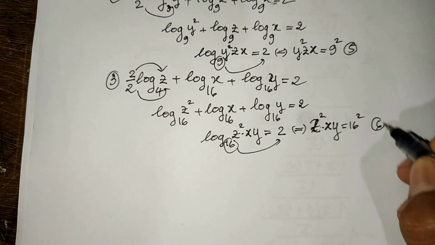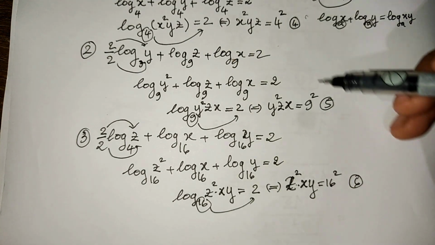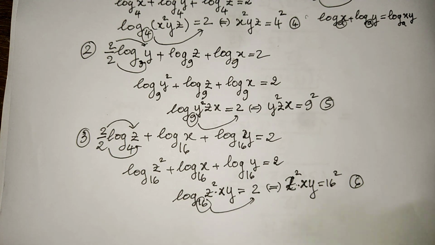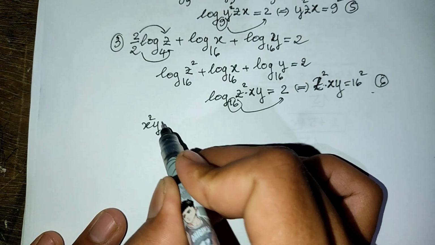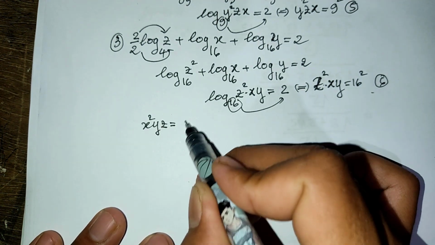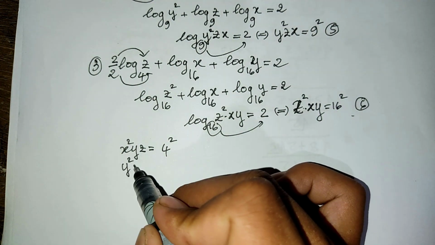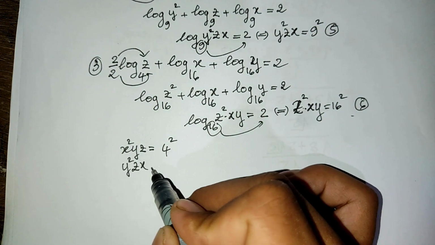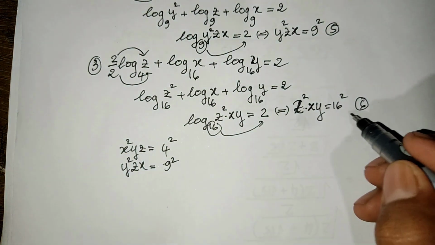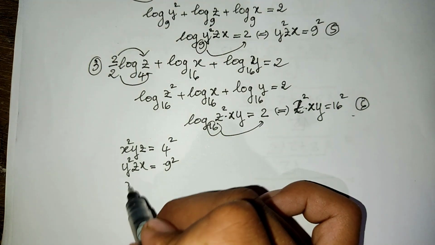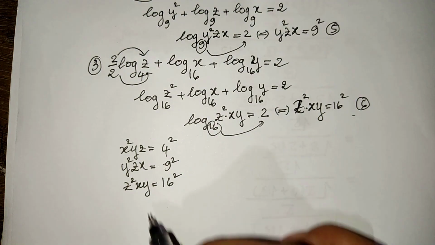I label this the sixth equation. Now we multiply the fourth, fifth, and sixth equations: x squared y z equals 4 squared, y squared z x equals 9 squared, and z squared x y equals 16 squared.